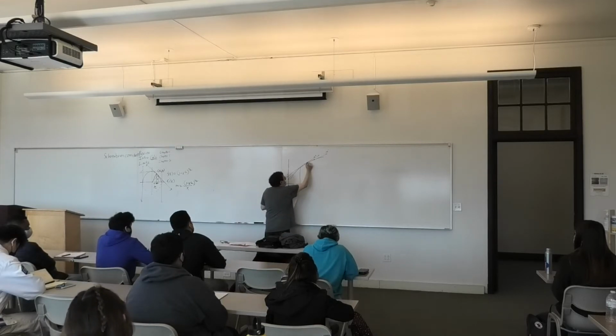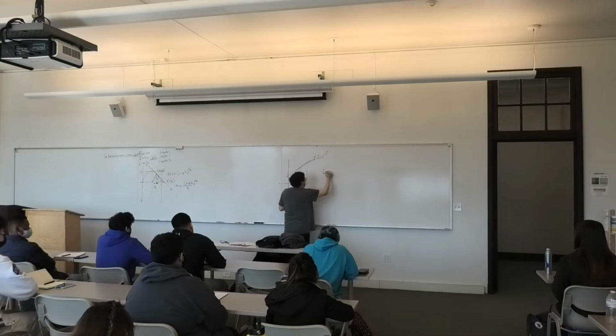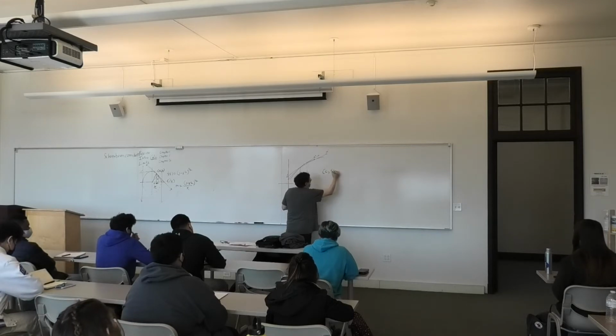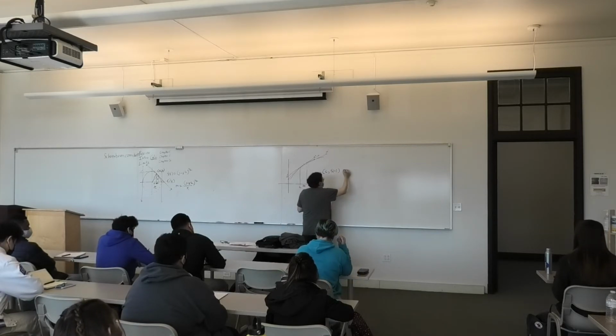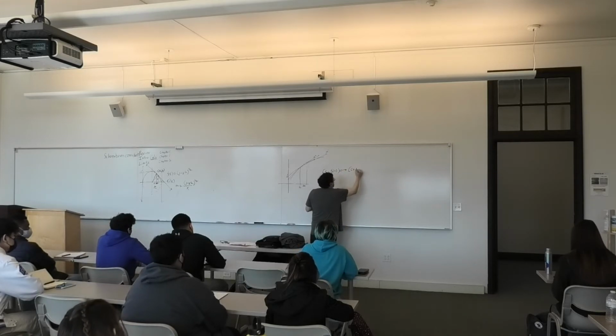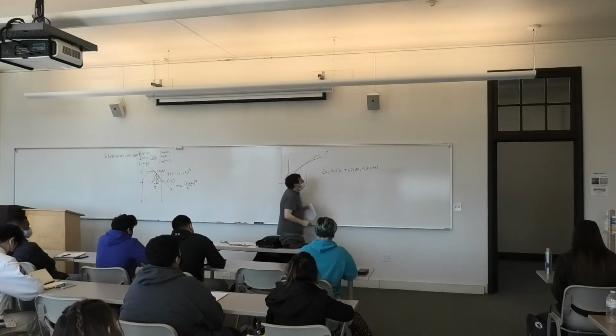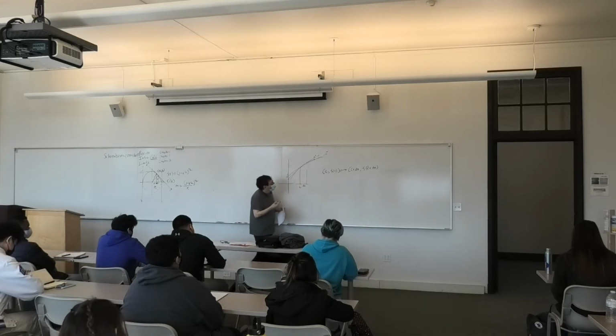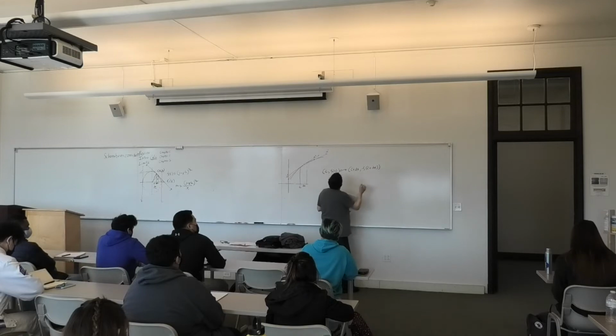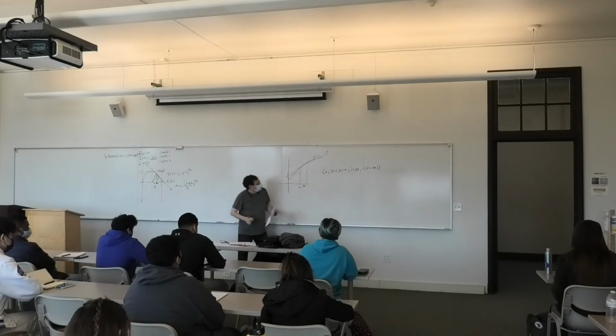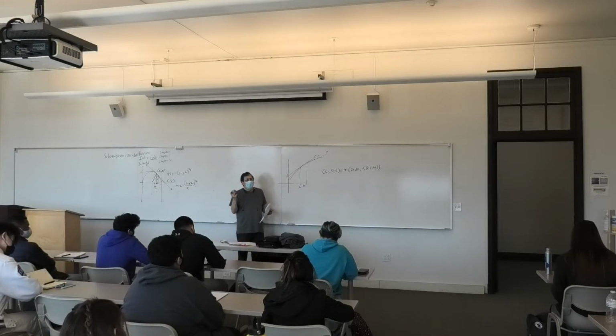So, okay, we have 2 points here. We have C and the function at C. And we have C plus delta x and the function at C plus delta x. So we know how to find the slope between 2 points, don't we?